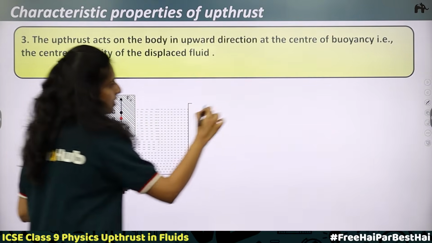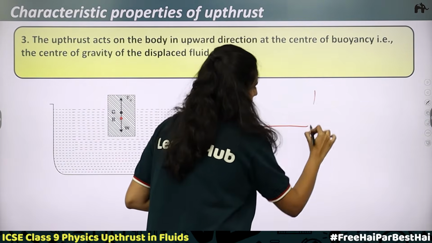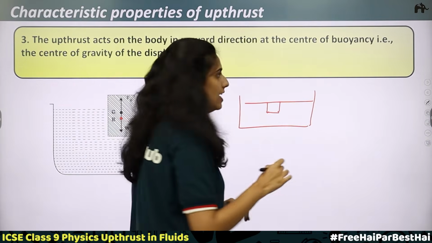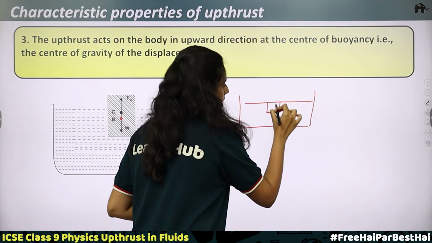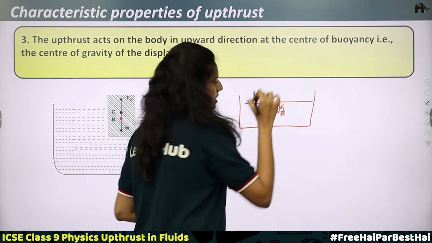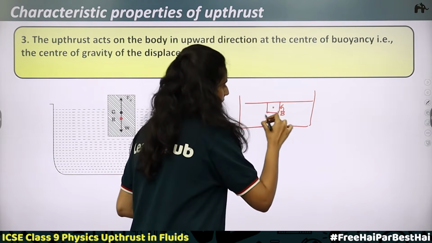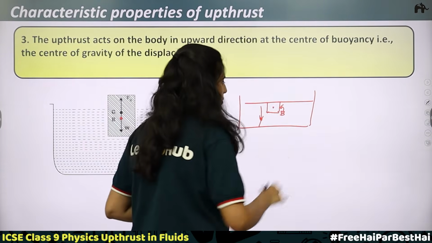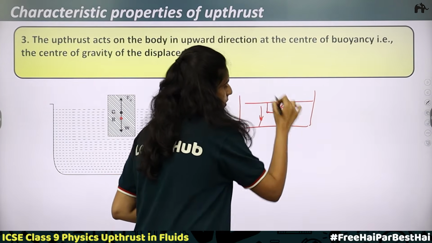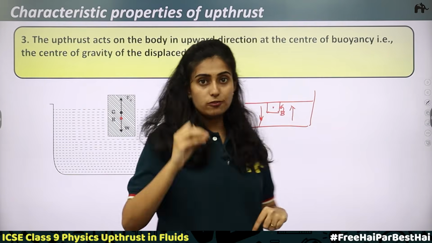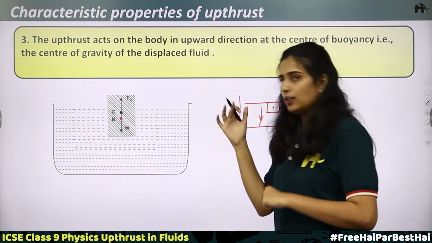If this was the case, the body is fully immersed inside the liquid, then the center of gravity, represented by letter G, and center of buoyancy, represented by B, will coincide. Because of center of gravity, there is a downward force, which is the weight. Because of the center of buoyancy, there is a force in the upward direction. Upward force or upthrust, the buoyant force, is in the upward direction.